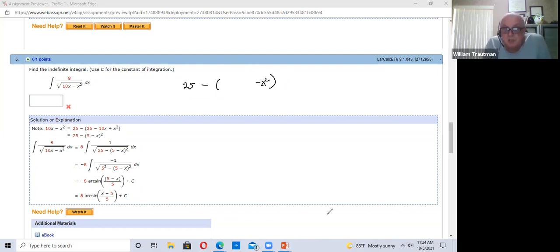I think it's easier when we complete the square just to do it, put the 25 in there, which is what, 5 squared. Put the 25 in there. There's automatically a minus in between it. And this is what you get. It's kind of hard to complete the square, which is 25 minus 10x plus x squared.